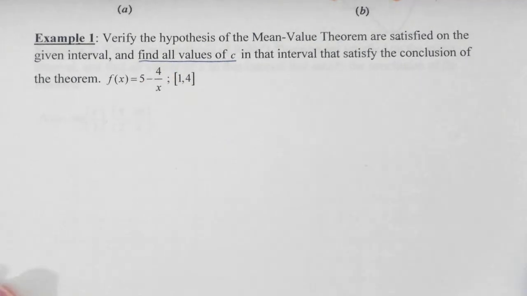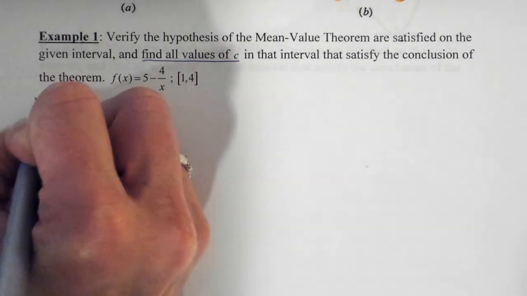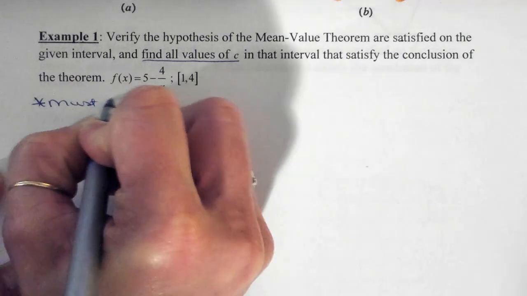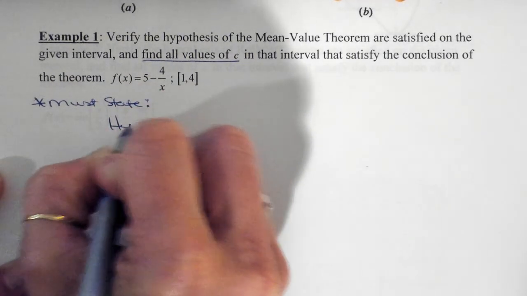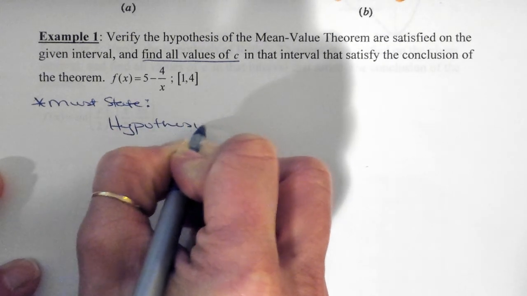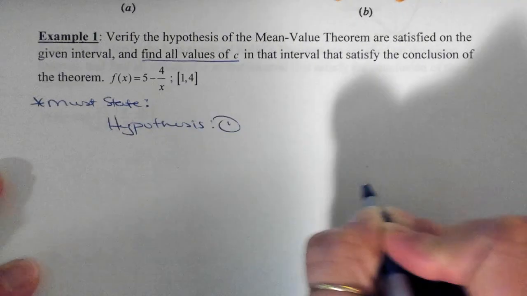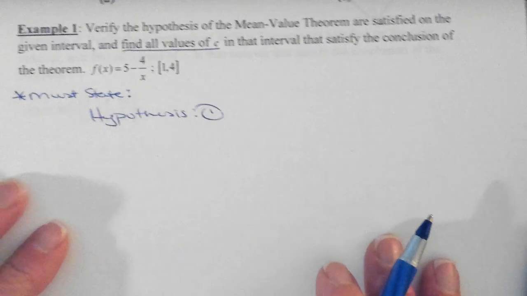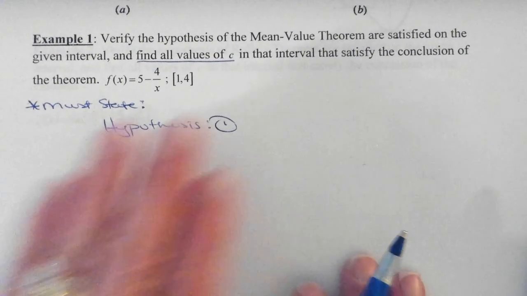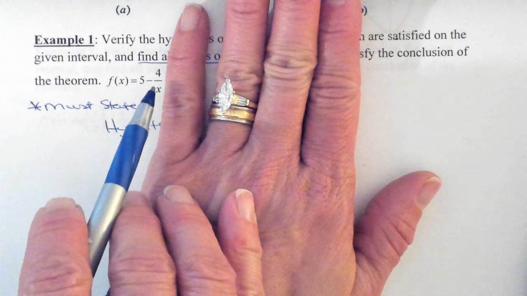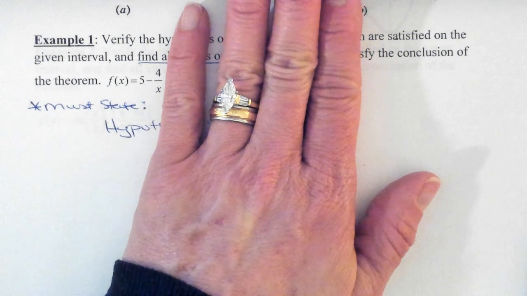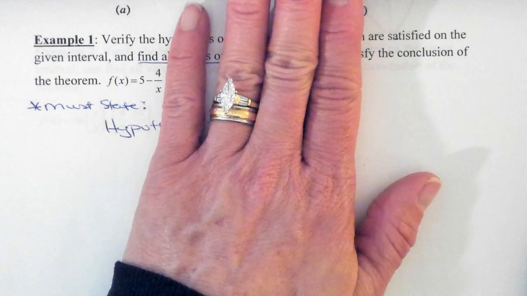All right, so the first thing we need to do, and I'm going to put it here that you must state this, okay, your hypothesis. So in the first part of my hypothesis, we need to look at this function. Without this given interval, if I ask you if this function is continuous, it's a yes or no question.